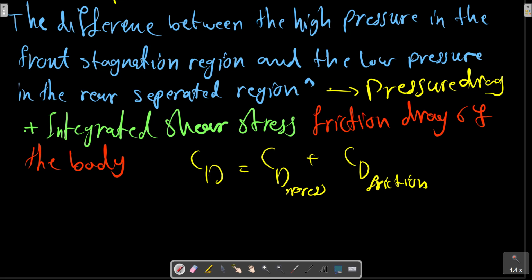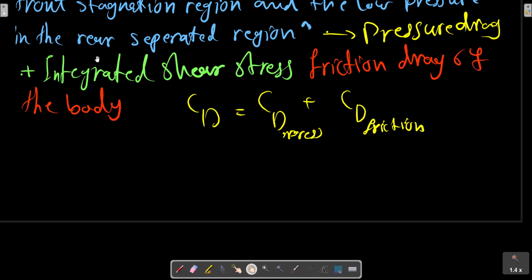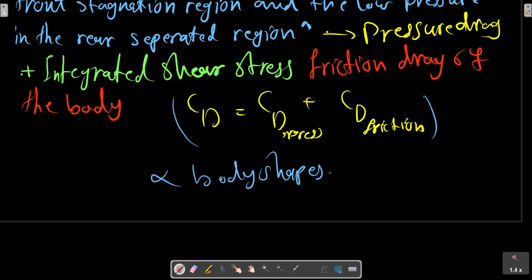The relative contribution of friction and pressure drag depends upon the body's shape, especially its thickness.